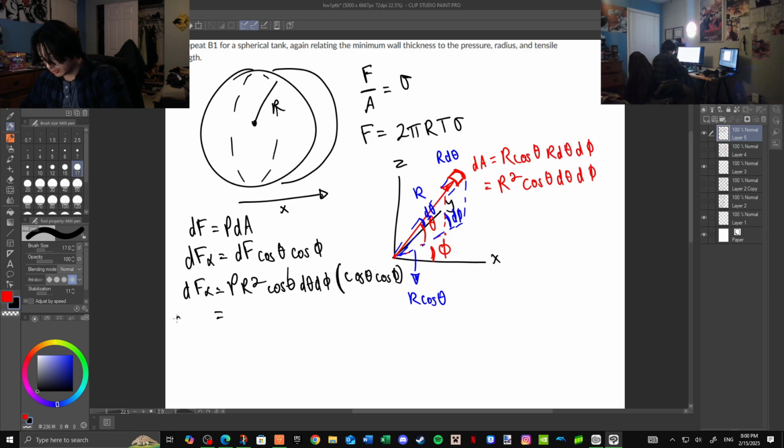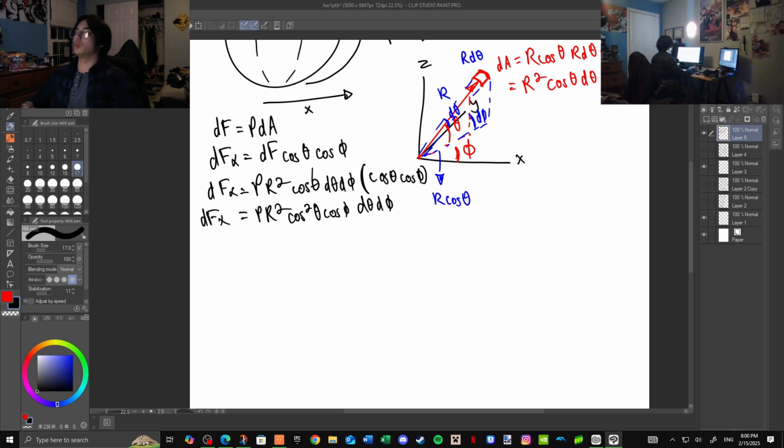Again, we can simplify that a little more: p R squared cosine theta times cosine squared theta cosine phi, then d theta d phi. There we go. So now we need to find the integral of both sides.